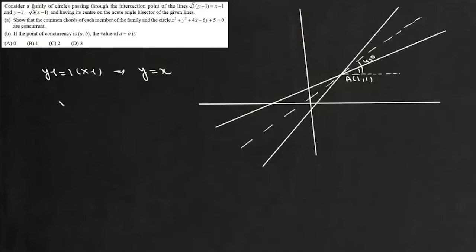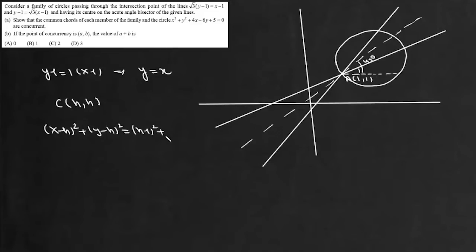Now suppose the center of the circle is at h comma h, then the equation of this circle will be x minus h square plus y minus h square equal to r square. And r square is the distance squared from the center to this point 1 comma 1. So it will be h minus 1 square plus h minus 1 square.